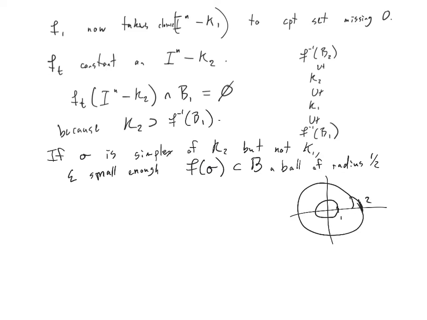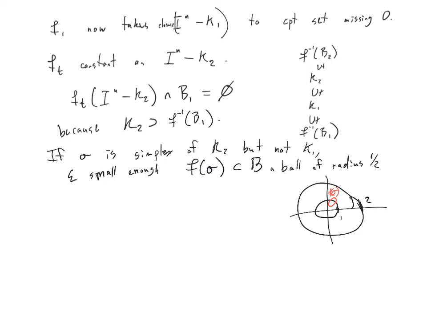So because sigma is not in K1, F sigma has to at least contain some part outside of that ball of radius 1. So part of it could run into there, but it has to expand out.